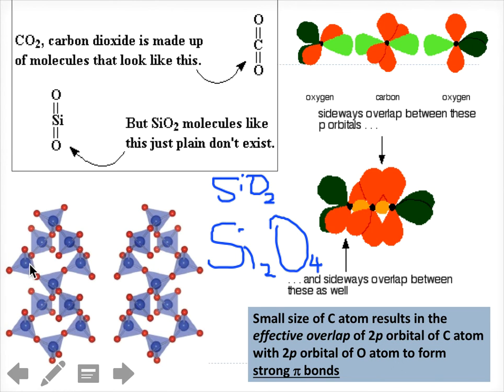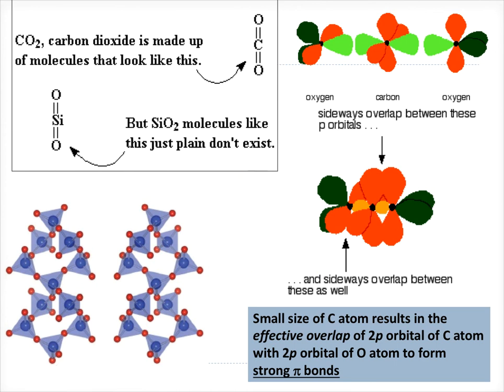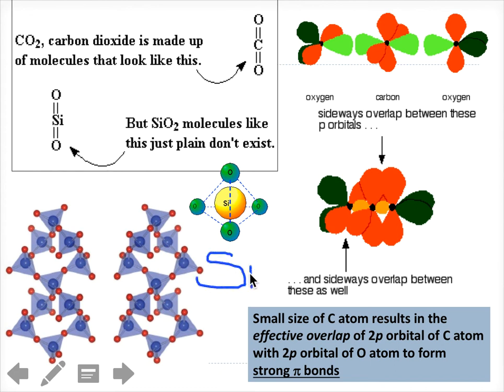This oxygen has 1, 2 silicon. So essentially, as I just said, each silicon has 1, 2, 3, 4. So why do we not write the silicon dioxide formula as Si2O4? Why not? Think about it, and we will discuss this in class.